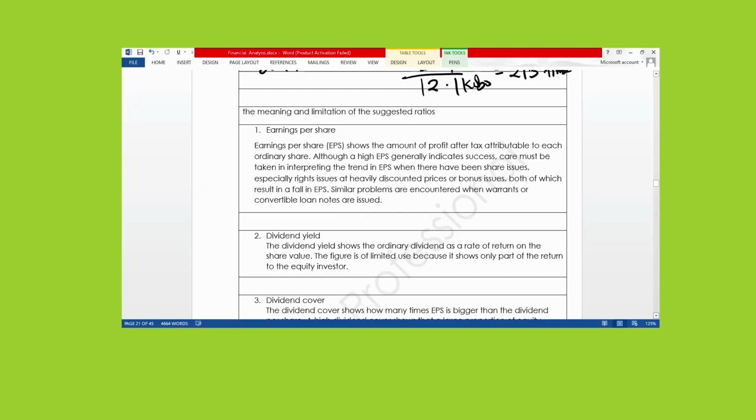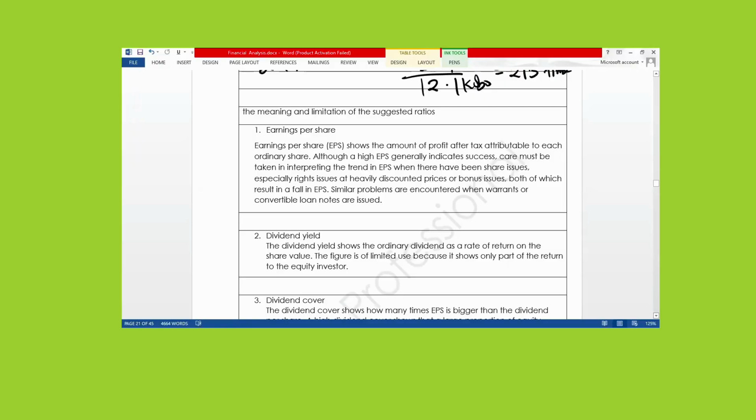It is a measure of actual return on shareholders' investment.